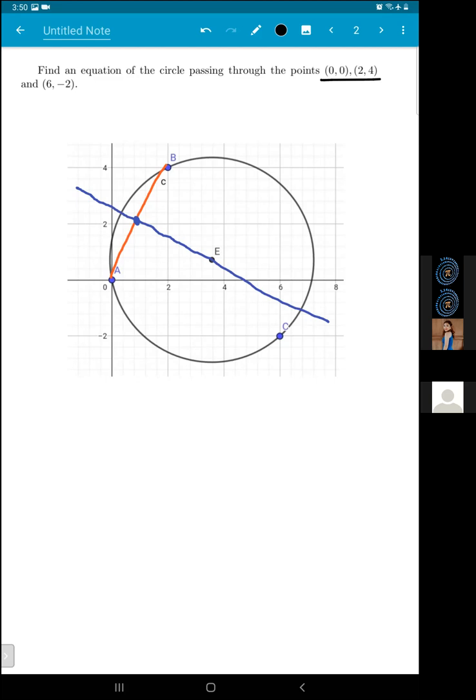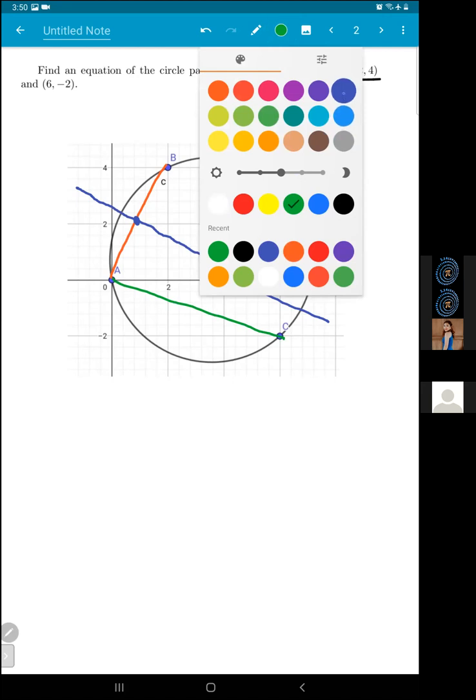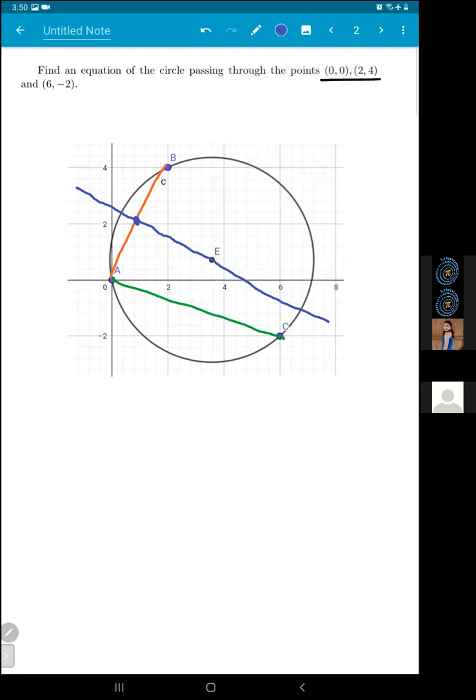So if we can have two such, then we get their intersection. For instance, let's consider chord AC and draw its perpendicular bisector. According to geometry, the perpendicular bisector of any chord passes through the center.